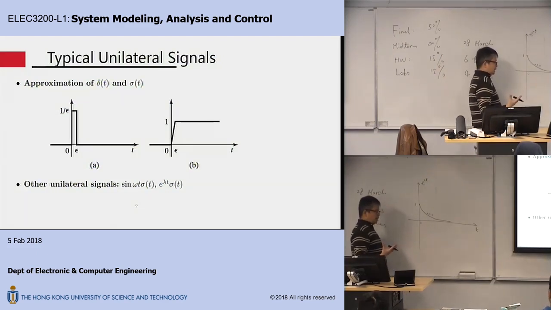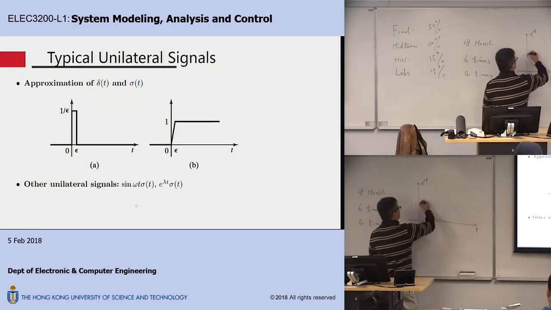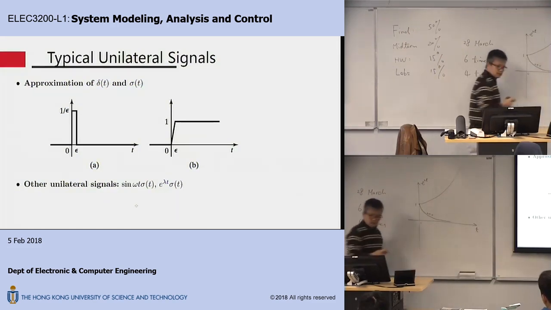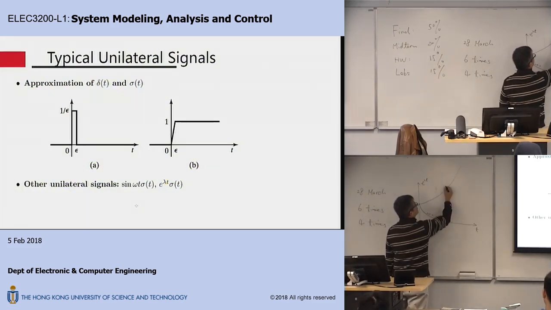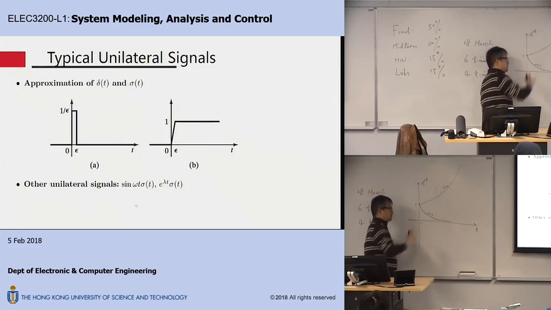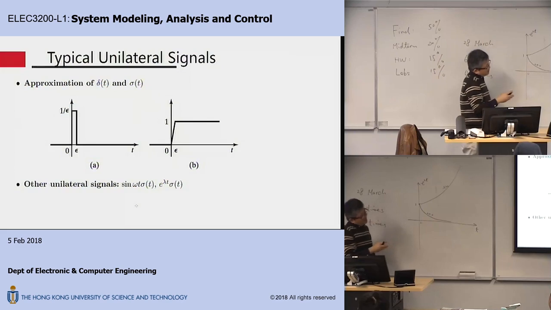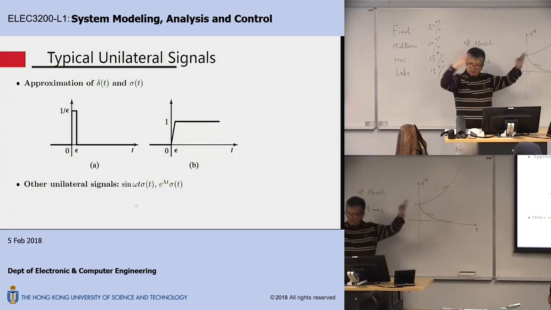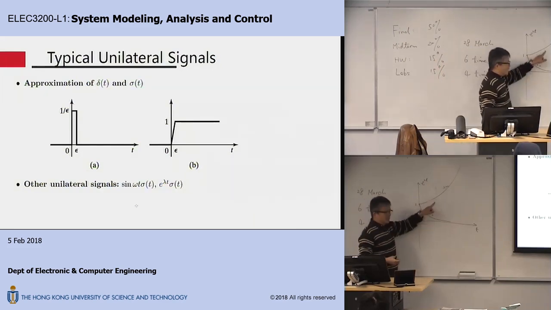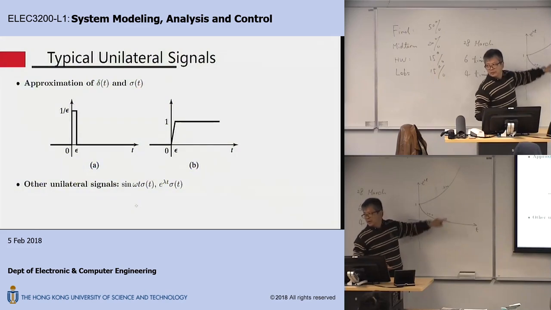So when lambda is greater than 0, it goes up. It shoots up like that. This is bad. Actually, we don't like to see this. We wish to see things converge and smooth, and not explode. So if you see something like that, this is a typical unstable behavior.